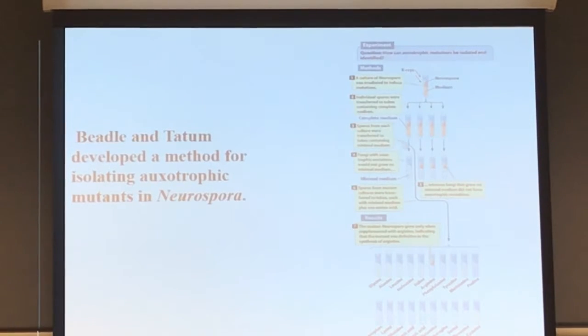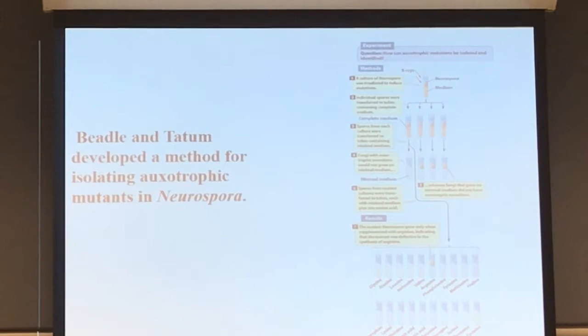Now they go back to the tube with complete media and say, okay, this Neurospora has undergone mutation. They move it from the complete media to minimal media once again, but the only difference is that they add one extra amino acid. When the Neurospora starts growing in one of the tubes, they know that, for example, the gene for the synthesis of the amino acid arginine has been mutated, and that's why it is not growing on minimal media.